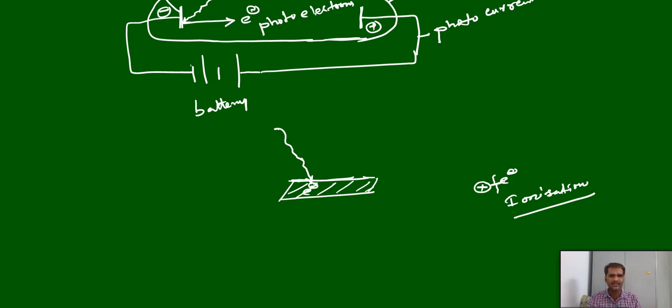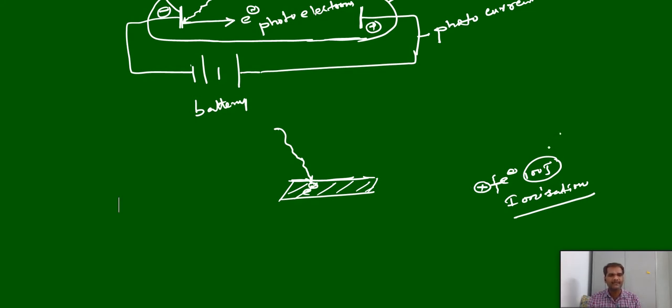So if we make it incident with a sufficient amount of ionization energy, then the electron can eject. Let us assume the ionization energy, or the force of attraction between electron and nucleus, is 100 joules. There is a bond energy or binding energy between the electron and the nucleus.